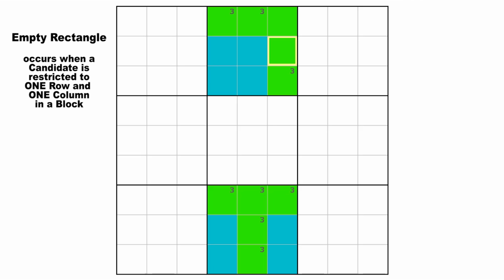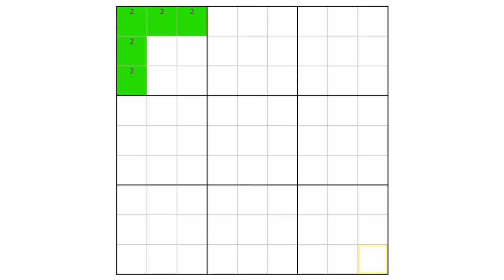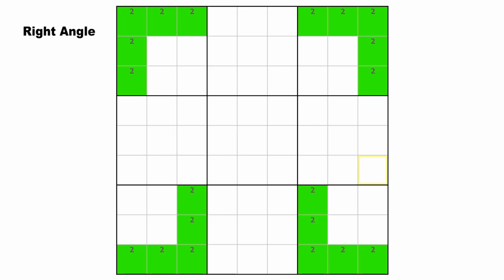The first one looks like this. Let's call this the right angle. And the right angle has 4 possible rotations, like this. Each one is turned 90 degrees. But as you can see, candidate 2 only occupies 1 row and 1 column within each of those 4 blocks.